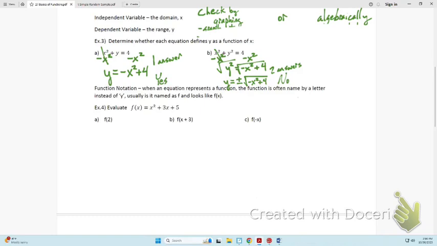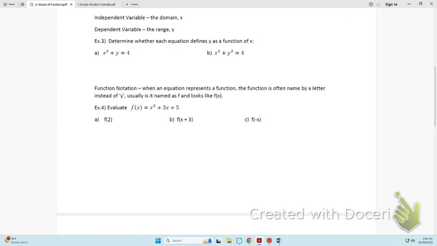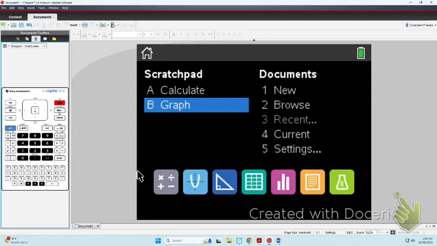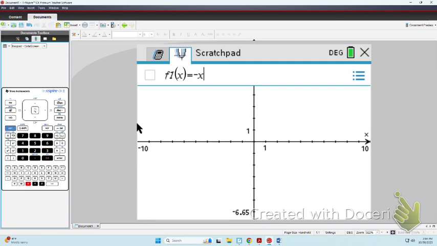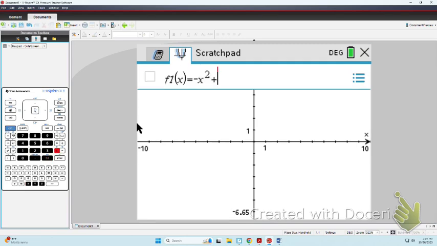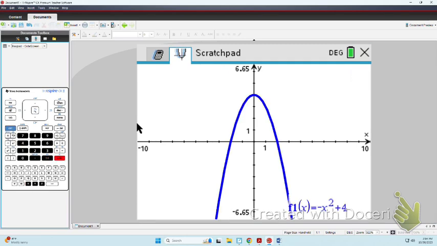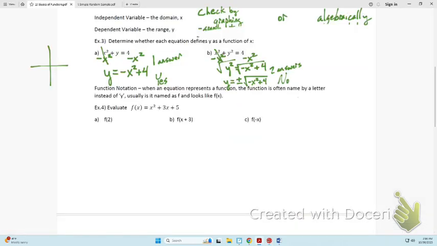Now I'm going to write a little bit more, but I want to show you the easier way. What if we were to just graph this thing on the calculator? So jump to the calculator. I hit B for graph. If you're already set equal to y, you can type it in. Negative x squared plus 4. And there's our graph. Looks like this, and it passes the vertical line test.